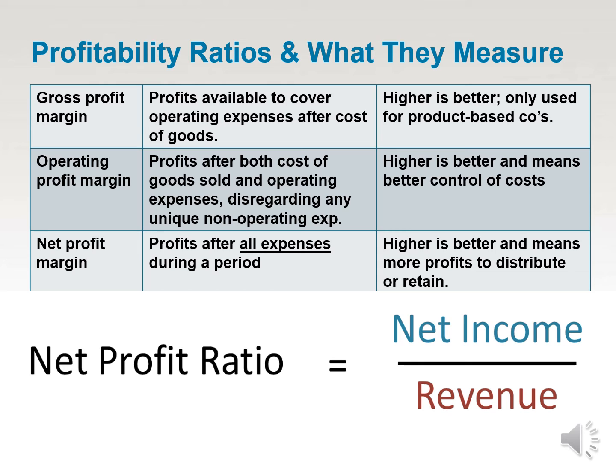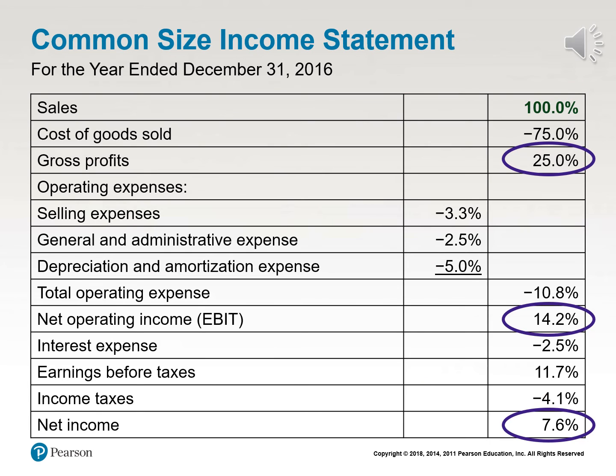Here's the cool thing about those last three profitability ratios we talked about. If you've already completed a common size income statement, and most people have at this point, you already have calculated these amounts.